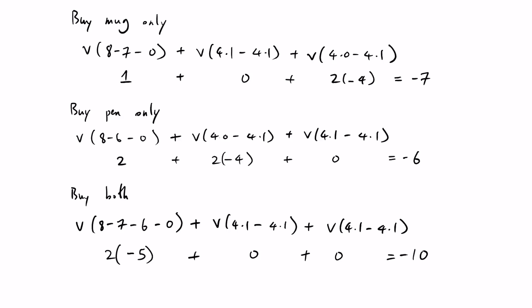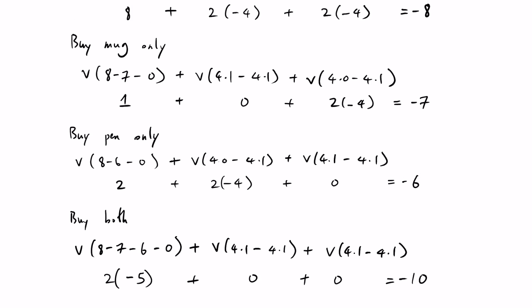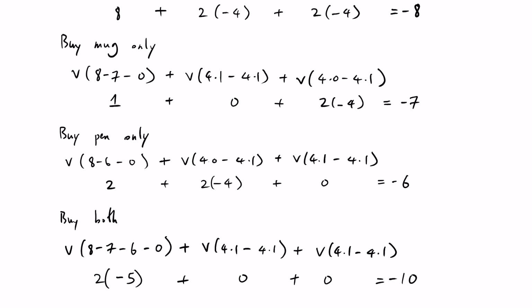So what can we tell from this exercise? What we can see is that doing nothing is negative 8. So buying a mug or buying a pen would improve the situation. At least he's not completely disappointed. However, buying both would make him worse because he's spending money that he did not expect to spend.